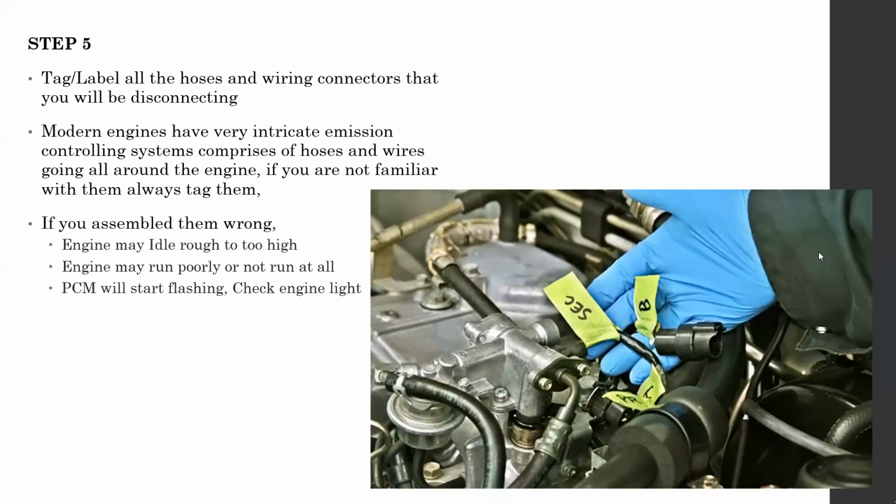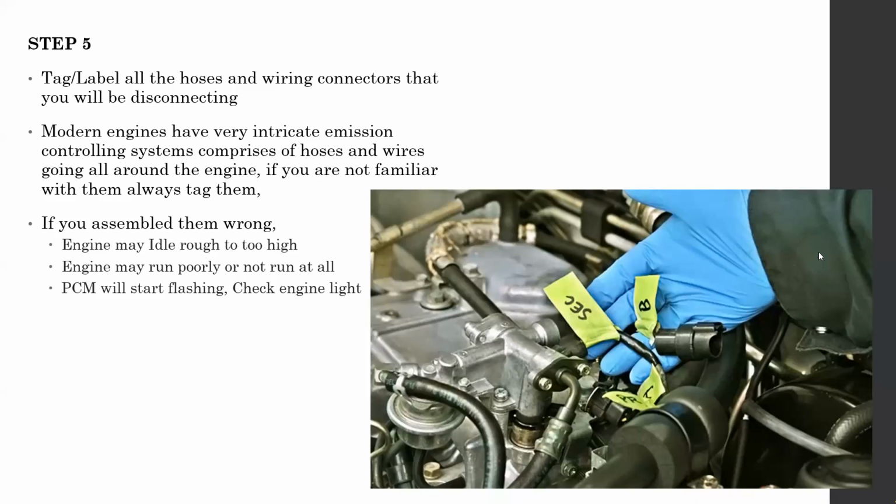A very good example: if you did not correctly fix back the vacuum lines in electronic fuel injection engines, there's a high chance you will end up with a higher idle because you are getting too much air into the engine.